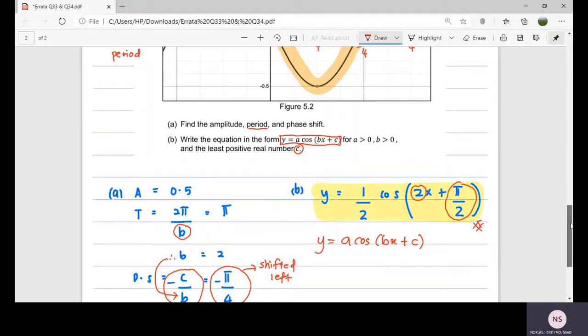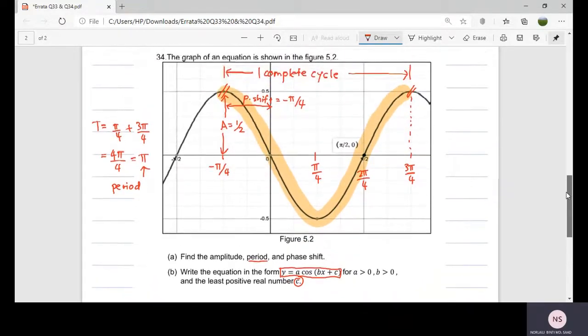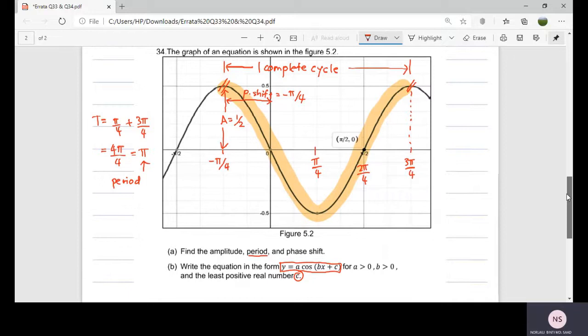Okay, so now how do we know whether we need to find the phase shift as positive or negative? It depends on the question. Initially we have y equals a cos bx minus negative c.